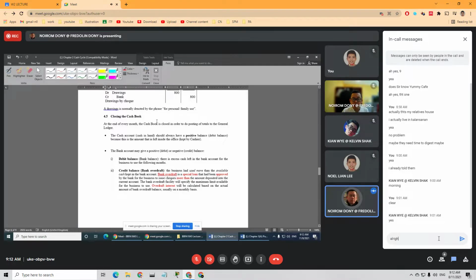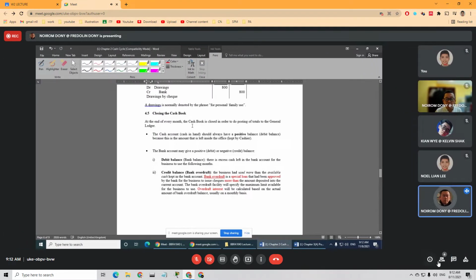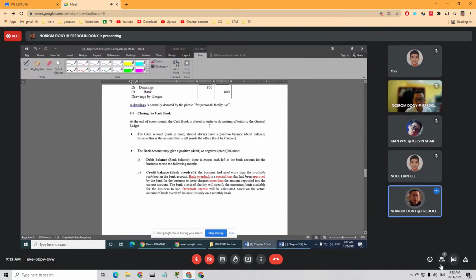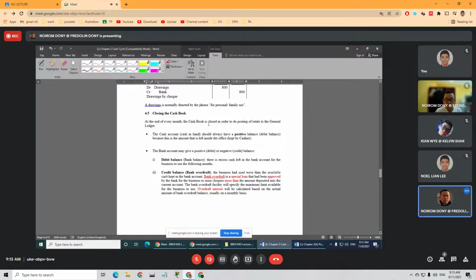Closing the cash book. At the end of every month, the cash book is closed in order to do the posting of totals to the general ledger. So we have to close on a monthly basis, at the end of every month. Then after that, we do the double entry to the general ledger. The cash account, cash in hand, cash column should always have a positive balance.